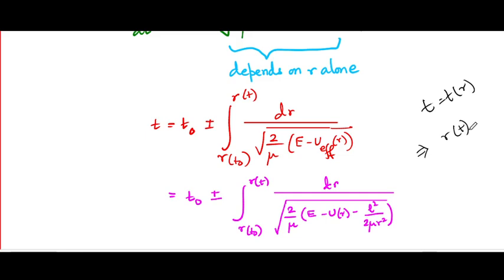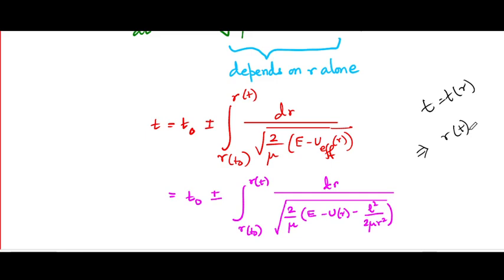So the job of finding out the radial distance of the particle from the center has been reduced essentially to calculating an integral. This is exactly what we mean when we say that we have reduced the problem to quadratures. There is only one integral that you have to evaluate. After that, you have got your solution.